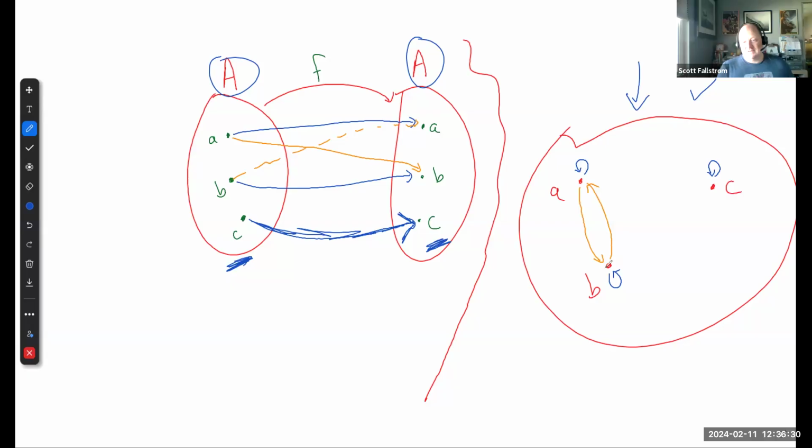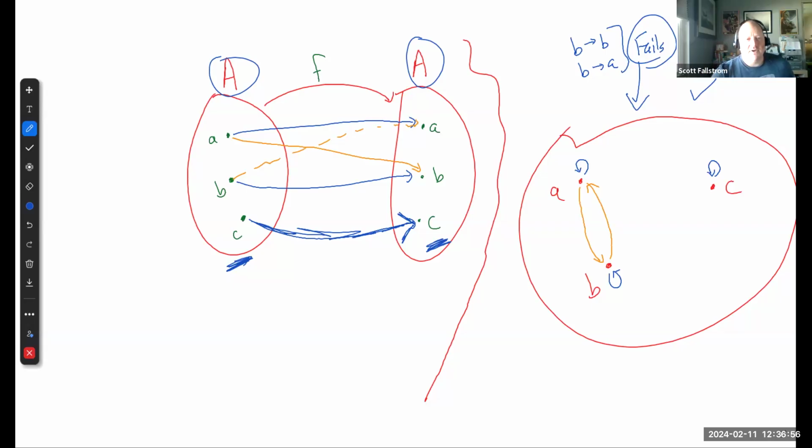And if it goes from one point, it can go to exactly one point. And that's not going to work here. Your justification could be, B goes to B and also B goes to A. So right there, you could just say, hey, that fails. That's not a function. Okay. All right, so anyway, that's the idea here.